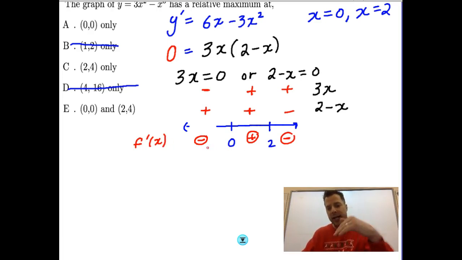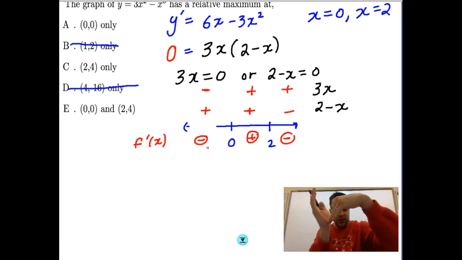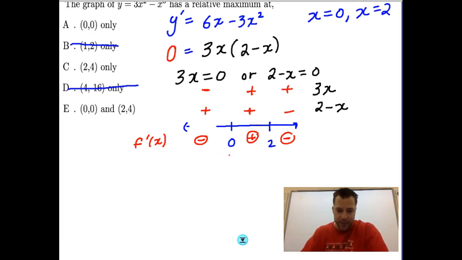So a negative slope to a positive slope, this is a minimum. And a positive slope to a negative slope is a maximum.